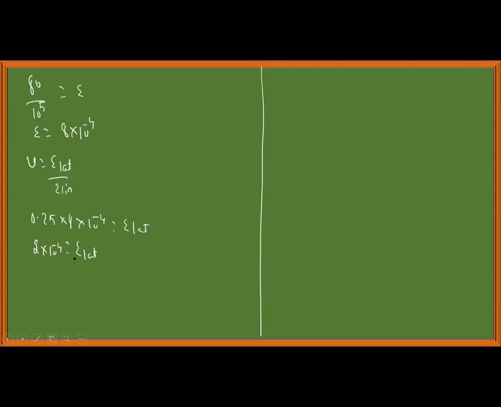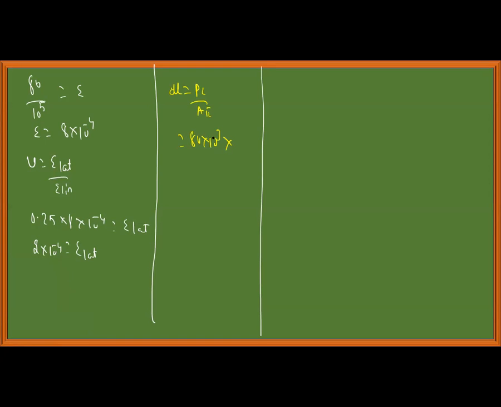So the change in length dl, you can calculate in this way. Change in length dl can be calculated also using this formula, PL by AE. P is 80 kilonewton, that is 80 into 10 power 3.